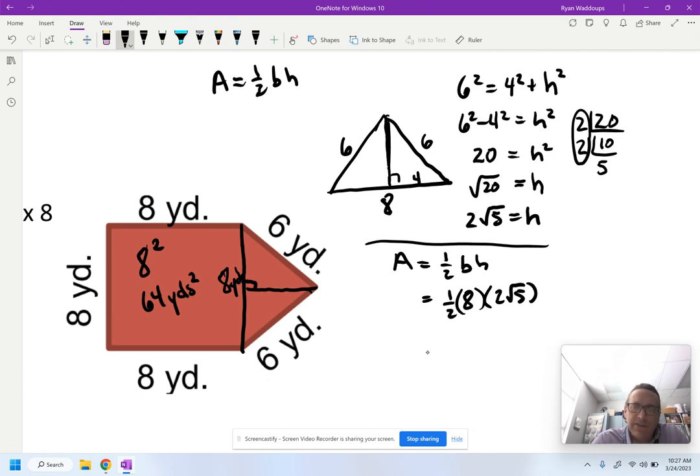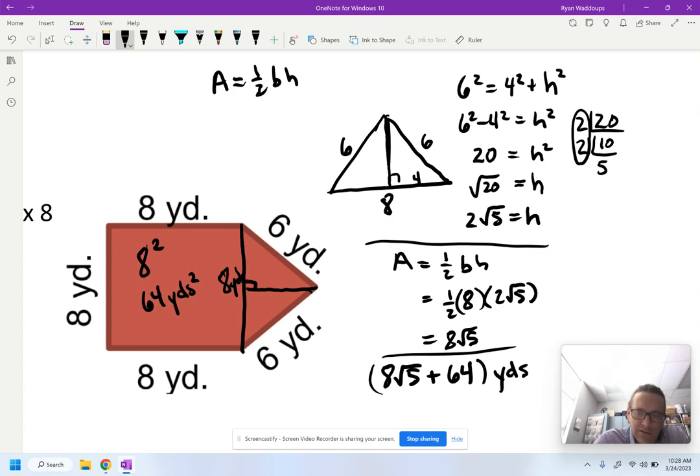And half of 8 is 4. 4 times 2 root 5 would be 8 root 5. And so I could write that my area is 8 root 5 plus 64. And all of this would be in yards squared.